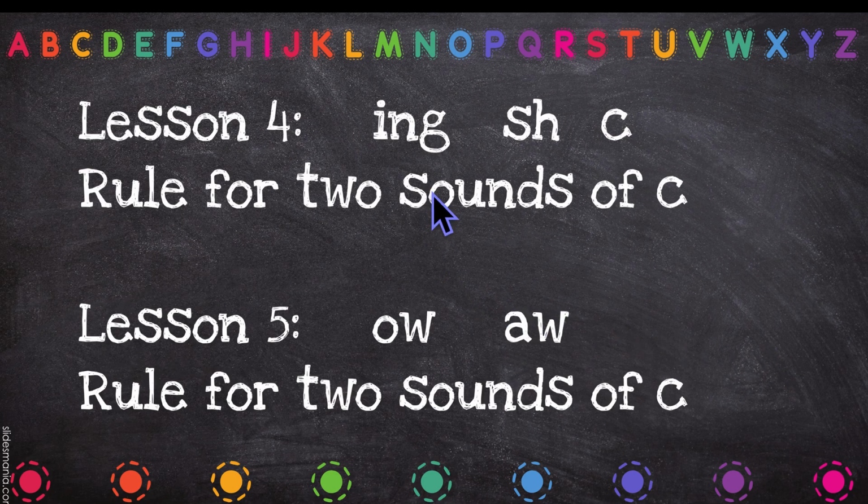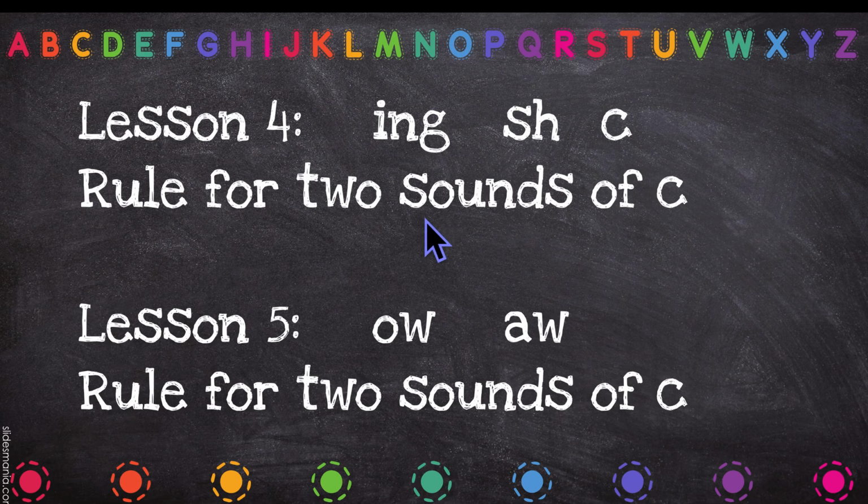In lesson 4, we covered these sounds. Do you remember this one? Ing. How about this one? Sh. Do you remember the two sounds of this? K, s. What is the rule for which sound of C you use?